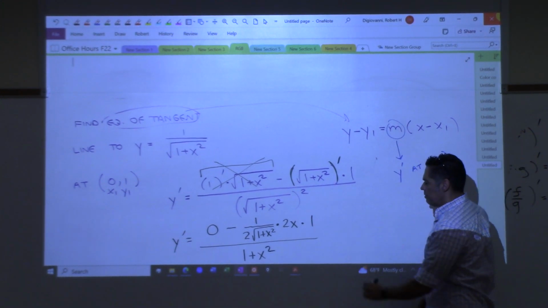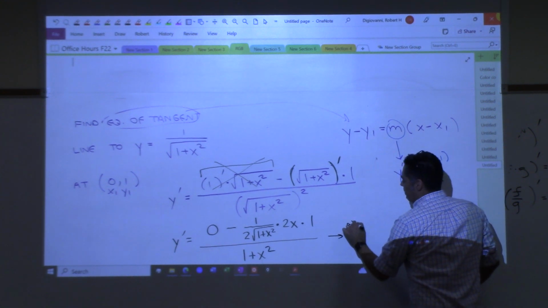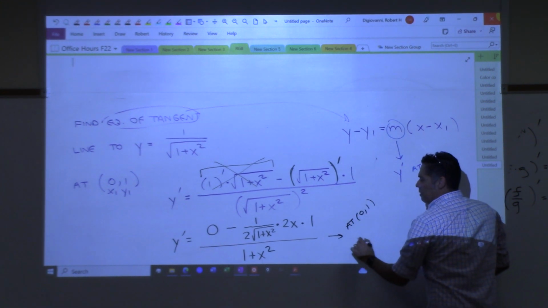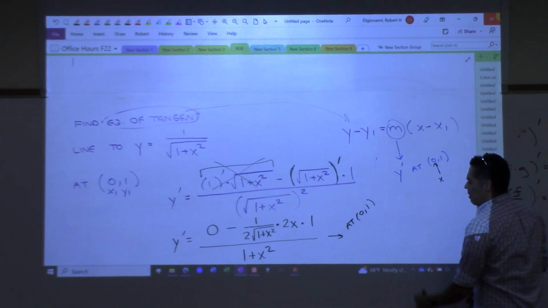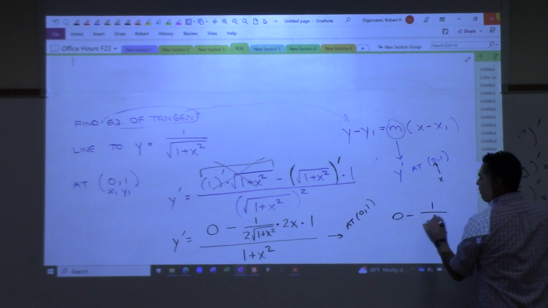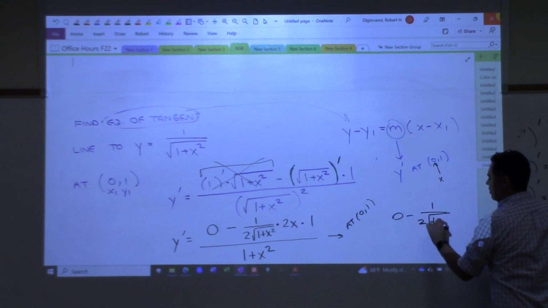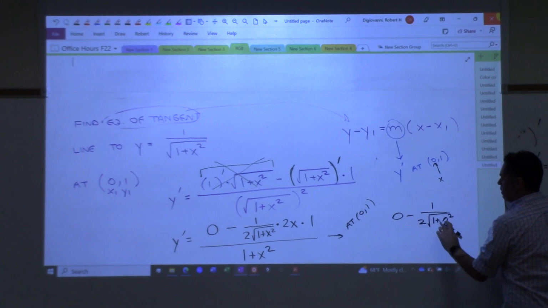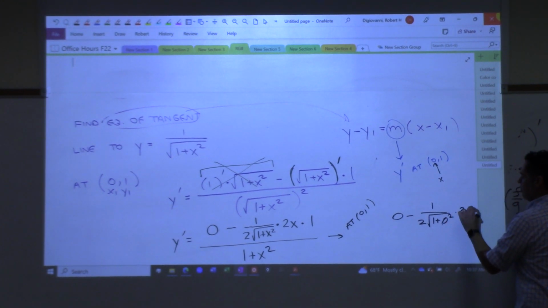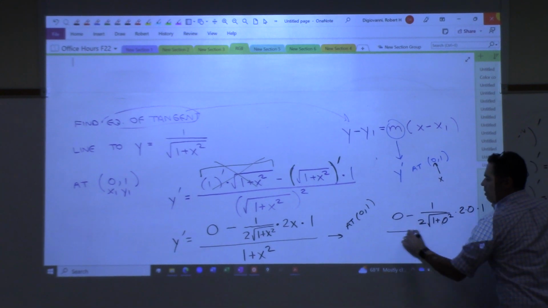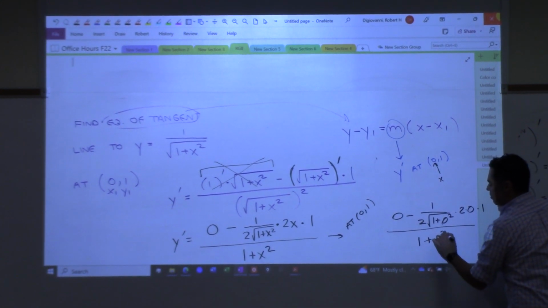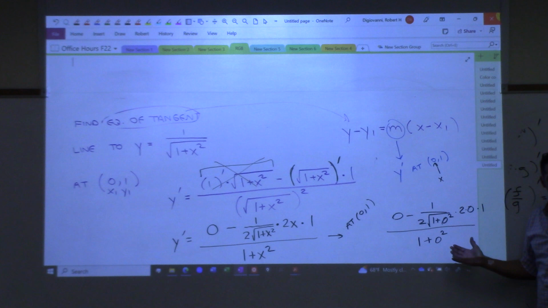So this becomes 0 minus 1 over 2 square roots of 1 plus 0 squared, times 2 times 0, times 1, all over 1 plus 0 squared. I'm just replacing all the x's with zeros.